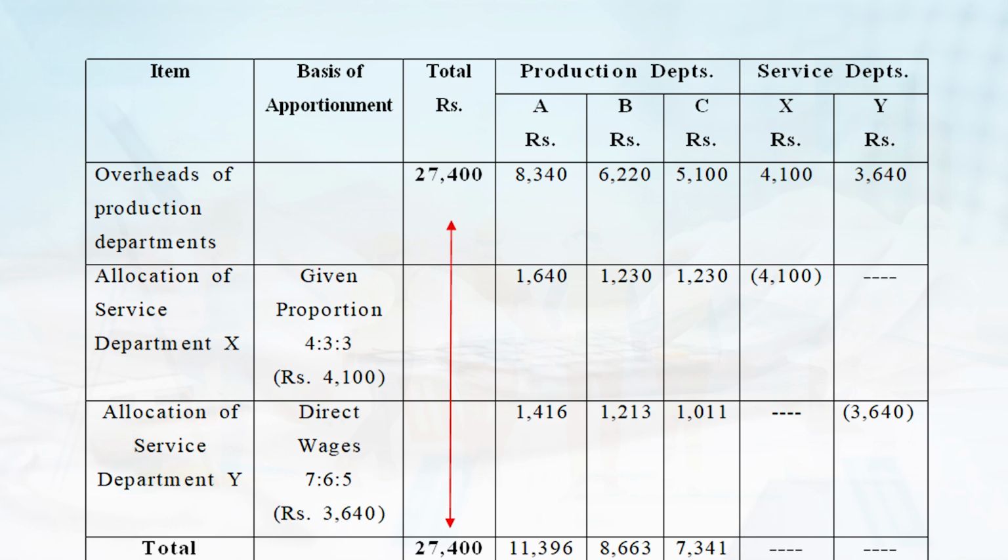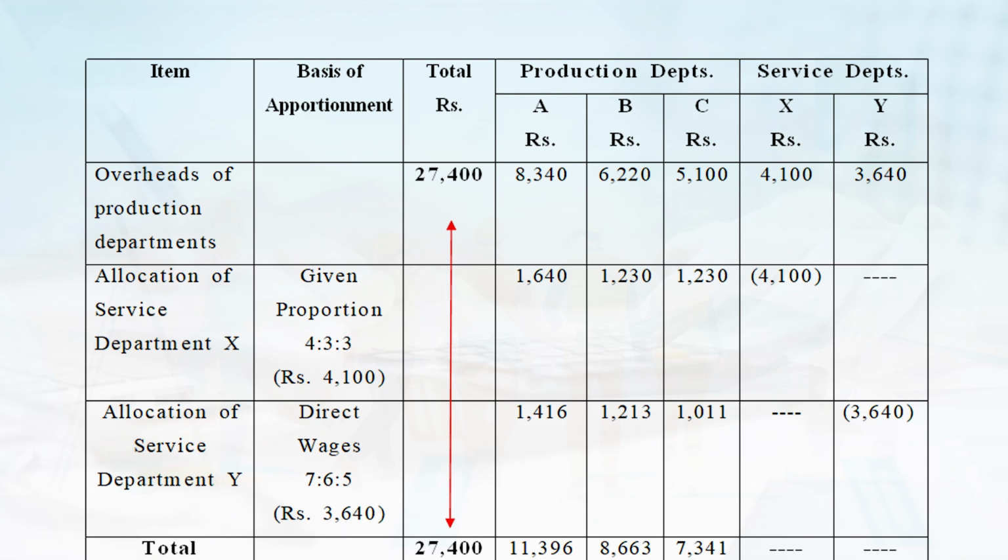In that, first column is of item, second one is basis of apportionment, third column is total rupees, fourth column is for production departments A, B and C, and fifth column for service department X and Y. Overhead of production department given total is rupees 27,400, that we have calculated as for production department A rupees 8,340, for B 6,220, for C 5,100, and for service department X it is rupees 4,100, and service department Y rupees 3,640.